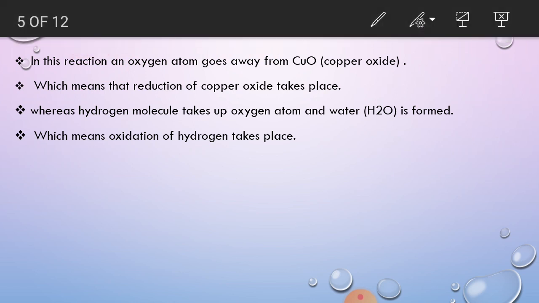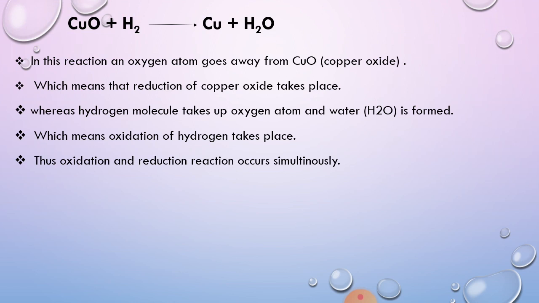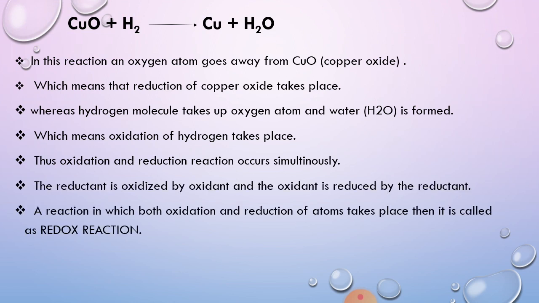This oxidation and reduction take place simultaneously. So the reductant is oxidized by the oxidant and the oxidant is reduced by the reductant. A reaction in which both oxidation and reduction take place is called a redox reaction.